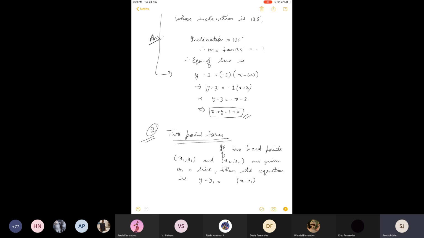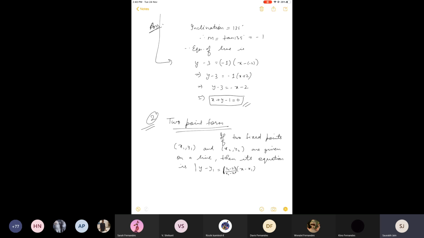So till now these two expressions are similar to the previous one, but here m is not given, instead these 2 points are given. So here in place of m you will find its formula, and that is obviously correct, because how we find the slope? If 2 points on the line are known, by this formula, y2 minus y1 upon x2 minus x1.